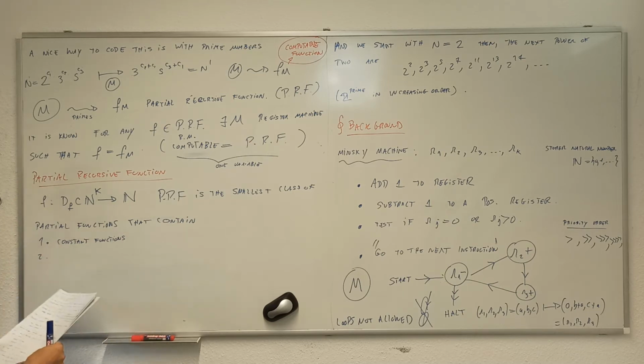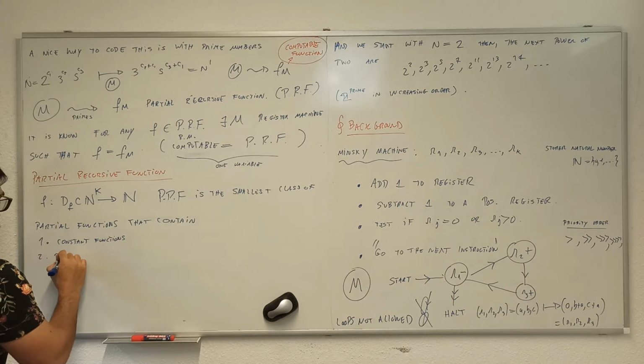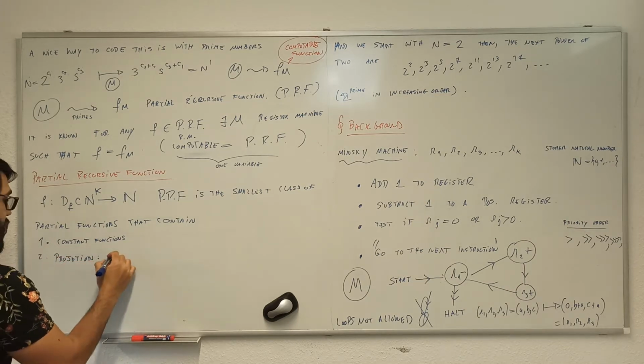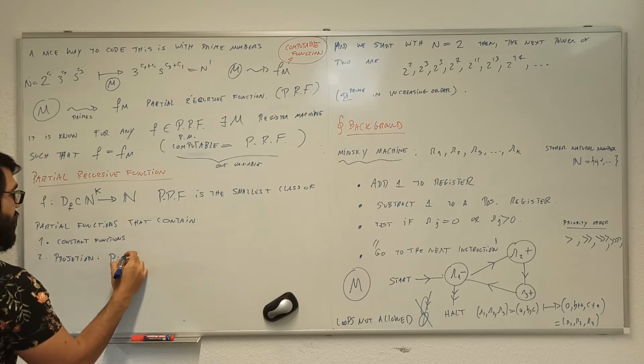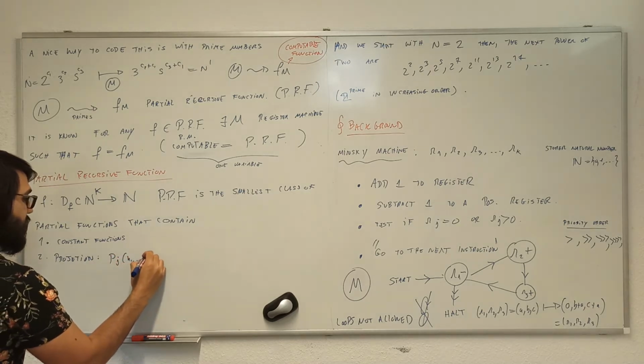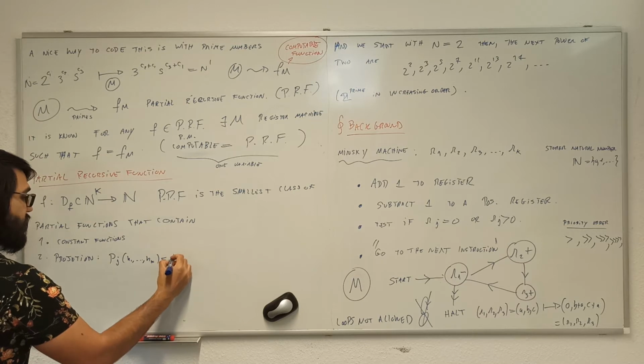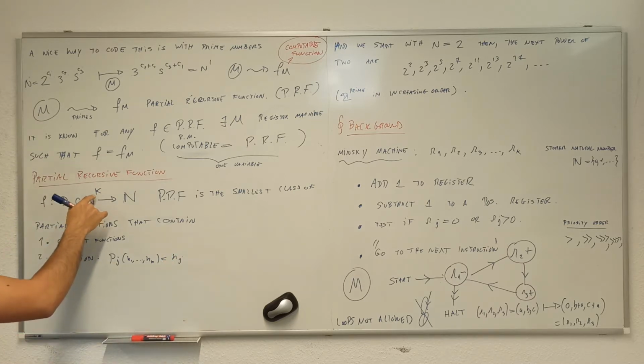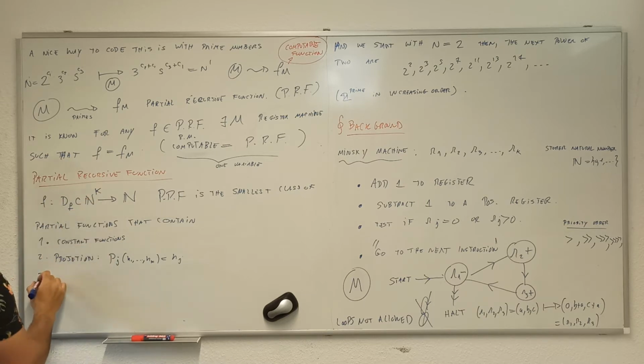Projection also: let's say P_j of m1, ..., mk is just m_j. So it should contain all projections, the function that just takes whatever is in the j coordinate and prints it, and also the successor.